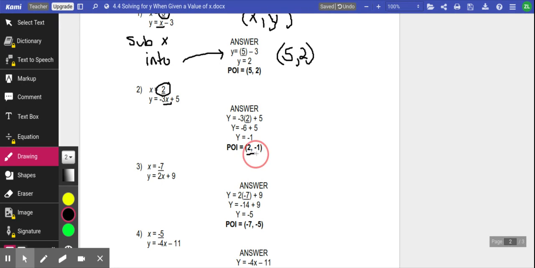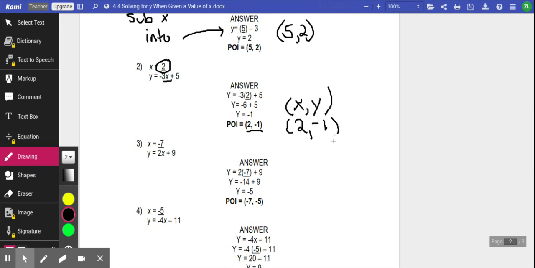And then once again, we have our coordinates for our point of intersection, x and y. Since we have our x already and we found our y, we have our point of intersection, or our coordinates between two lines.